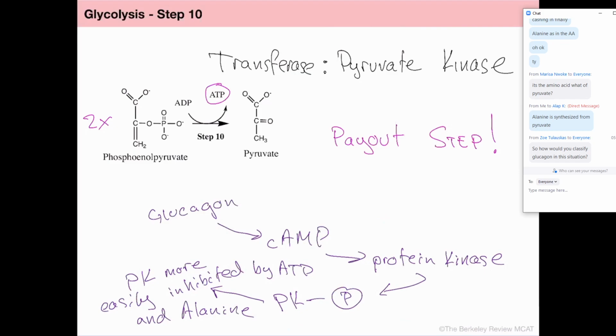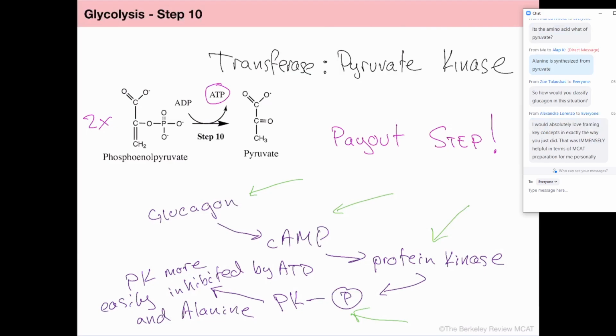So if I were to give you a drug that blocks this step, how does that affect the pathway as a whole? That's a super high level strategy to understanding an MCAT biology passage. There's going to be some sort of pathway that affects something. And that's why we're going to do this when we go over passages.